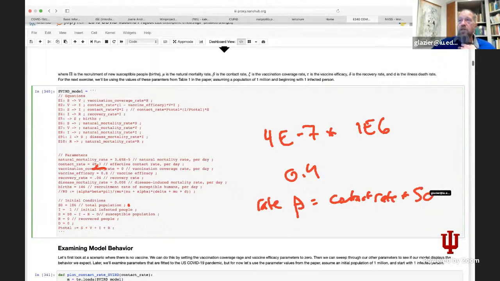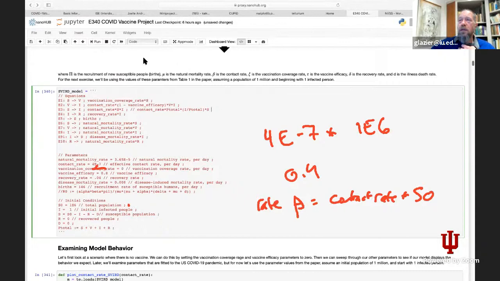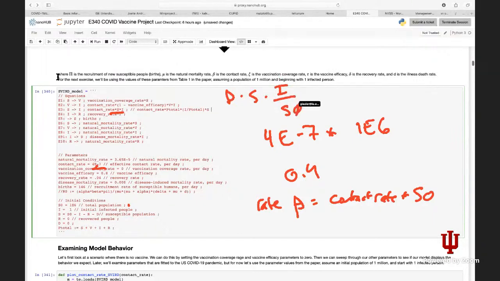And then in your equation, instead of saying contact rate times S times I, it would be beta times S times I over S0. And this would occur in every equation where the contact rate takes place.